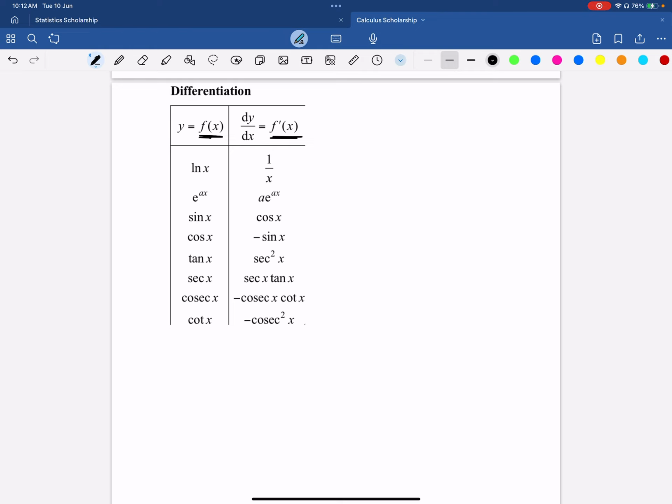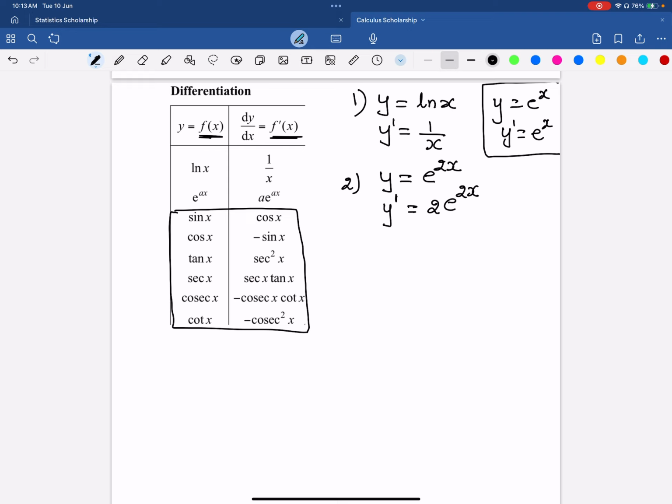Now, you can see that from here, there is a series of trig functions. And it is very, very simple. At this stage, I would have liked to introduce something called a chain rule, which I'm just going to introduce here simply so that I can explain to you how it works.